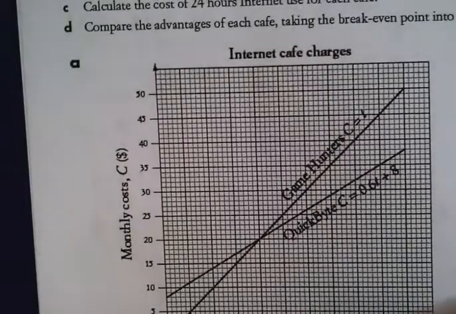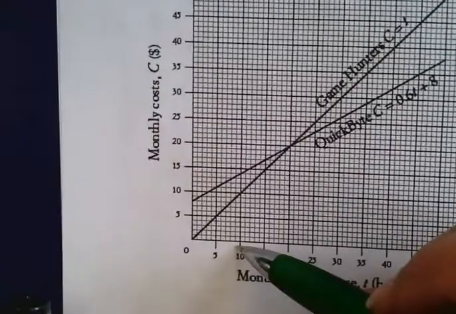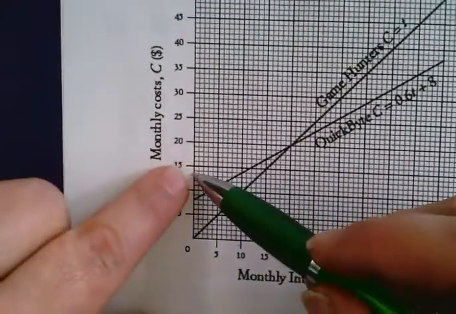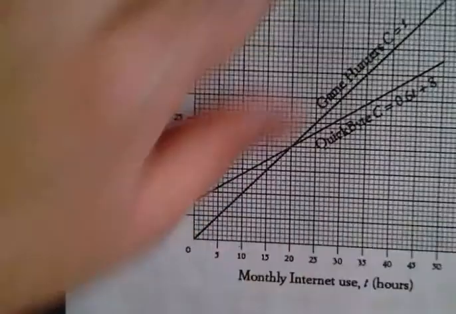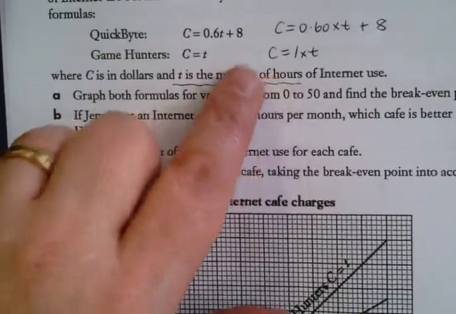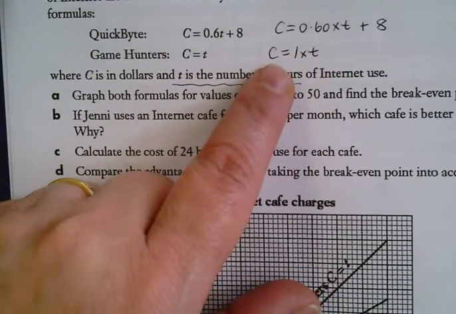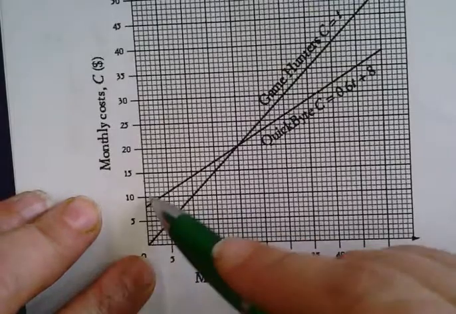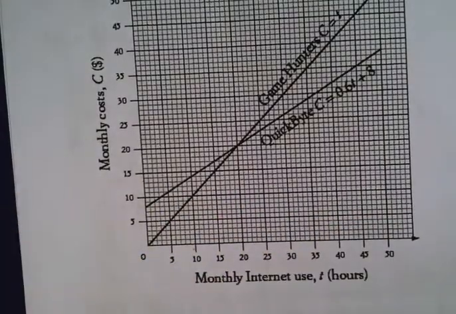So if I look here, when T is 10, I get 14 for the cost. And for the other one, C equals T, whatever the time is, the cost equals the same. Looking here, 5, 5, 10, 10, 15, 15, etc.